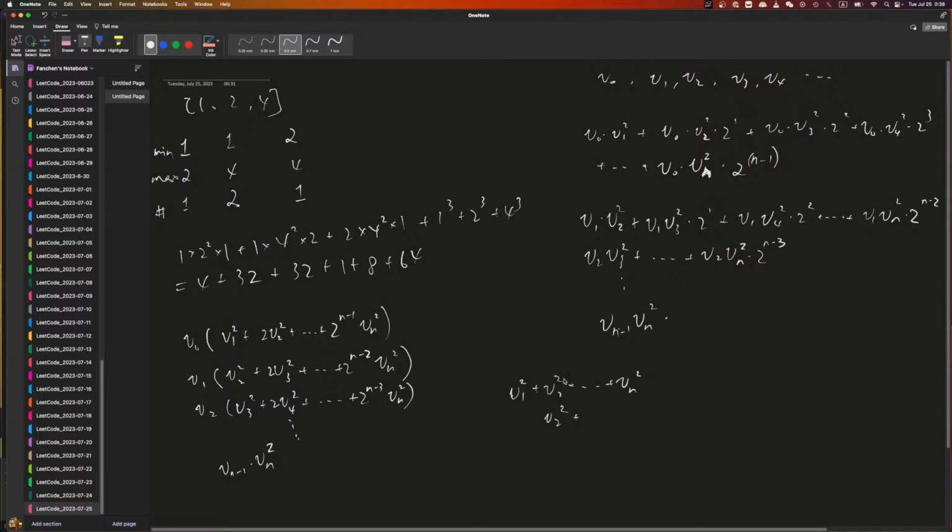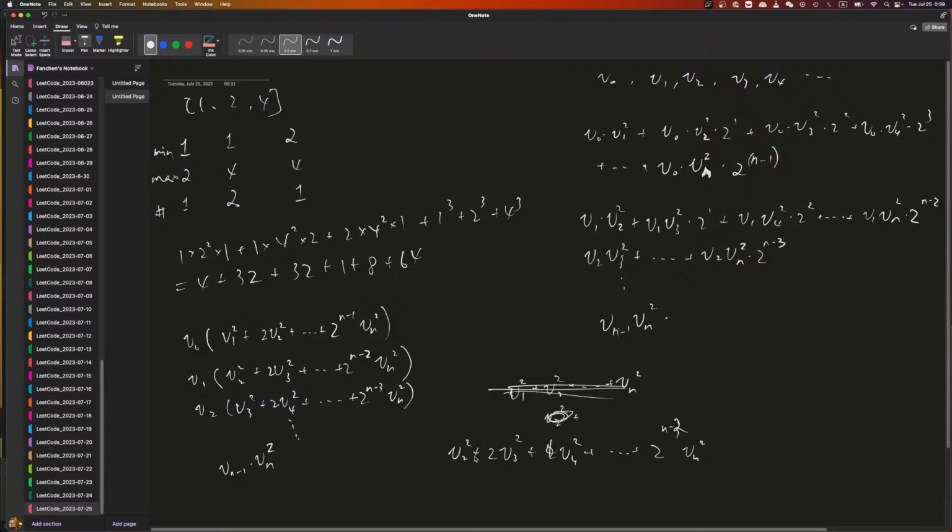So let's say Vn squared, and then you multiply Vn squared by 2. Ooh, hold on. If I have V3 squared plus 2 V4 squared plus 2 to the n minus 3 Vn squared, and I multiply by 2, I'll get the remaining. So all I need to do is just add a V2 squared.